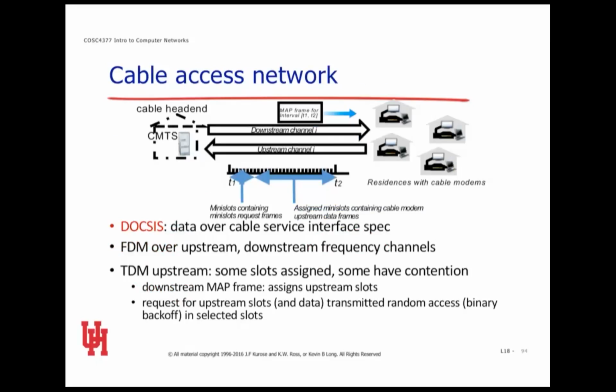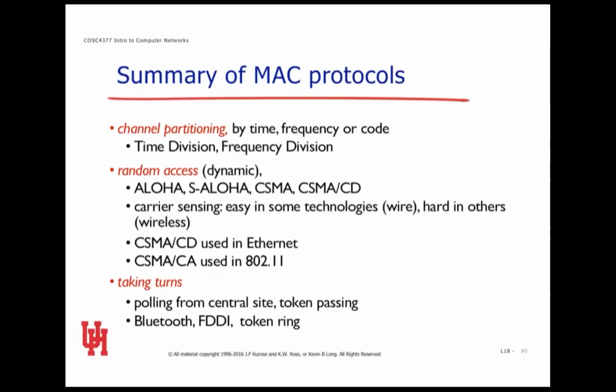It's called DOCSIS, Data Over Cable Service Interface Specification. And what they do is frequency division multiplexing upstream and time division multiplexing downstream. So it's a way for everybody to get a little slot permanently going up, and then coming down, you just wait for the packets. Your packet will be here soon. It's other people's packets. You might get like every 10th packet could be yours. And so that scheme works okay.